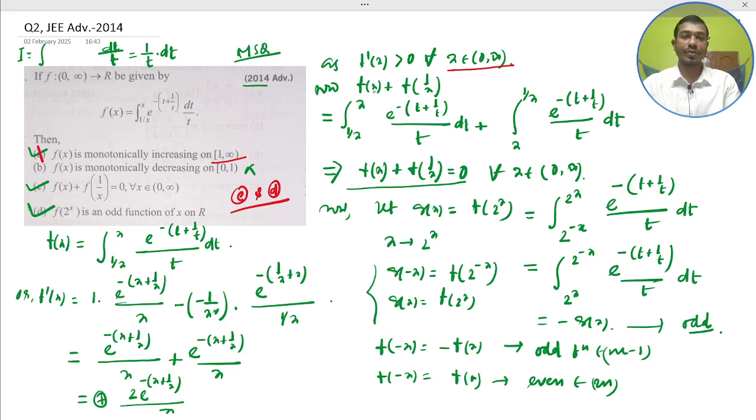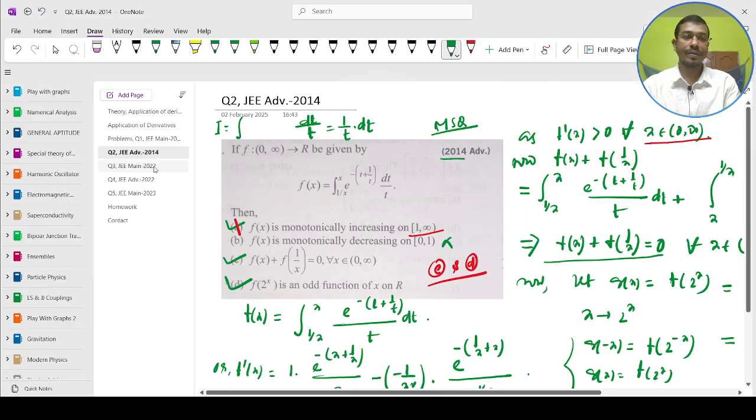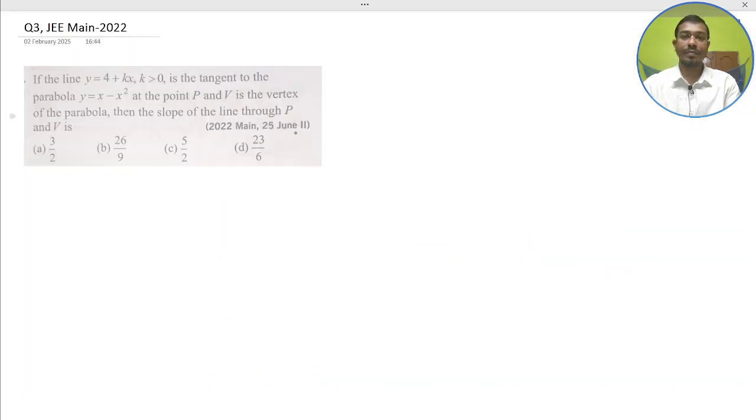Go ahead, our next question. Very carefully solve this question, MSQ type of question, very important. MSQ and NAT for your JEE Advanced or Main also.